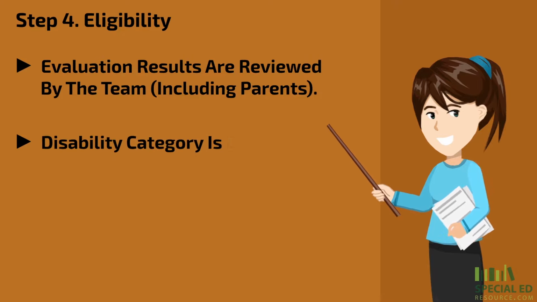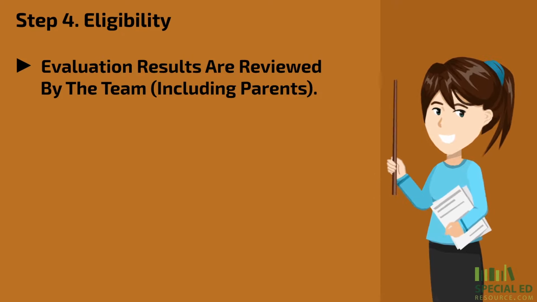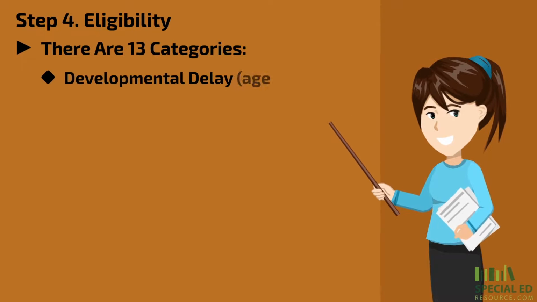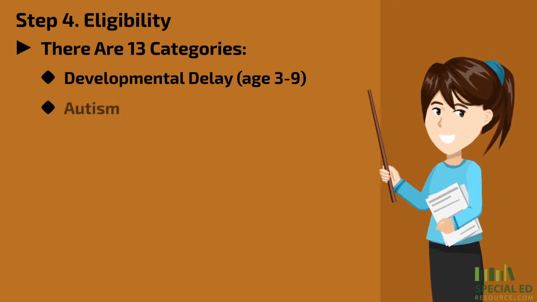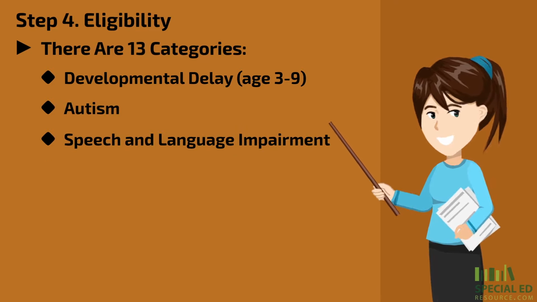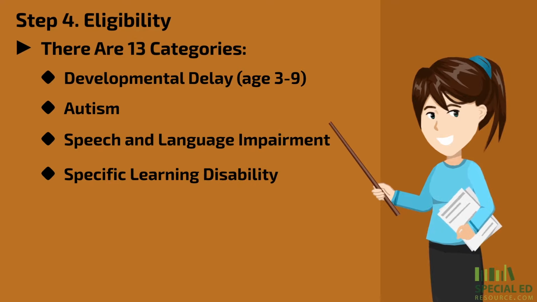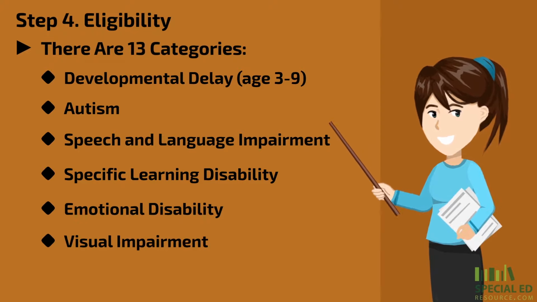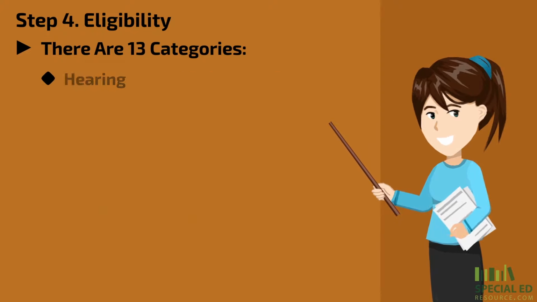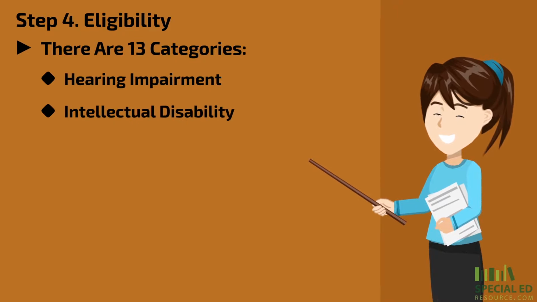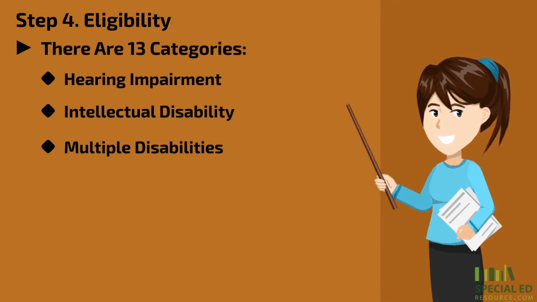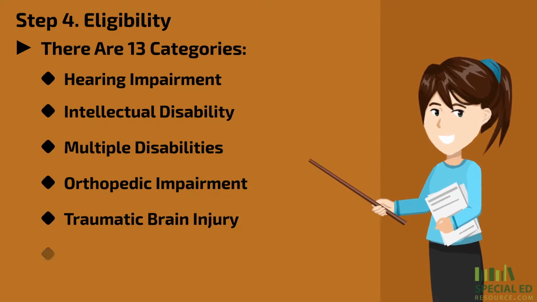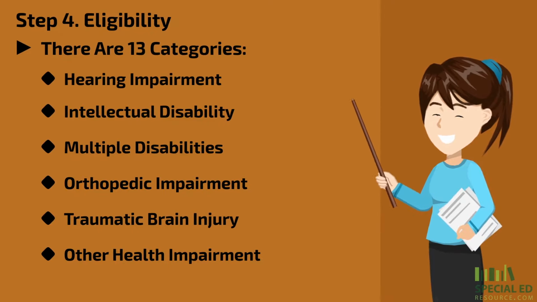The disability category will be determined and will be one of the following 13 categories: developmental delay, autism, speech and language impairment, specific learning disability, emotional disability, visual impairment, deafness, hearing, intellectual disability, multiple disabilities, orthopedic impairment, traumatic brain injury, or other health impairment.